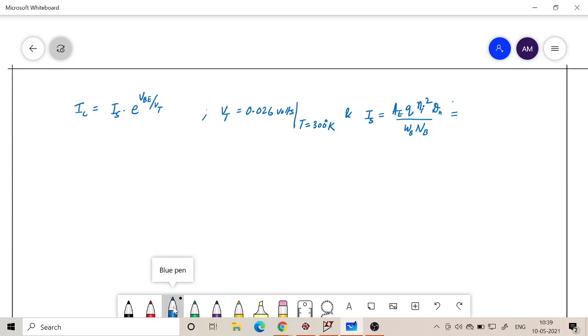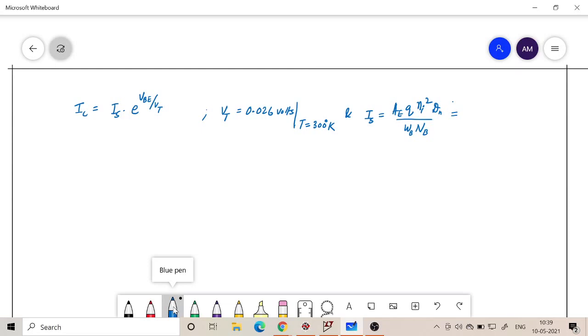Ni will increase with the increase in temperature. This is the intrinsic concentration, and since it is the square of intrinsic concentration, it's going to depend very heavily upon temperature. If you look at all other quantities, they are independent of temperature. The diffusion coefficient may be slightly dependent upon temperature, a weak function, but Ni is a strong function of temperature.